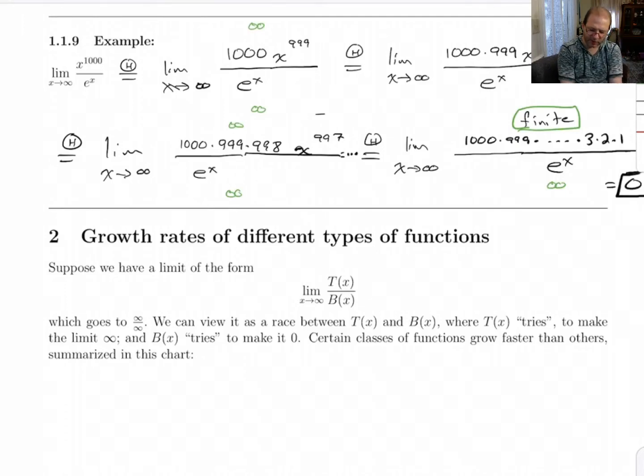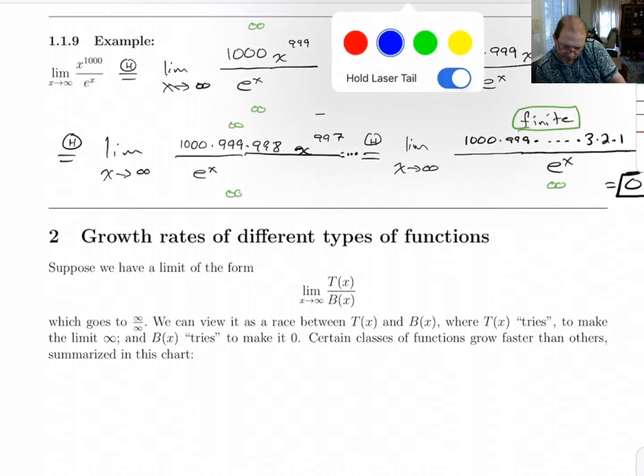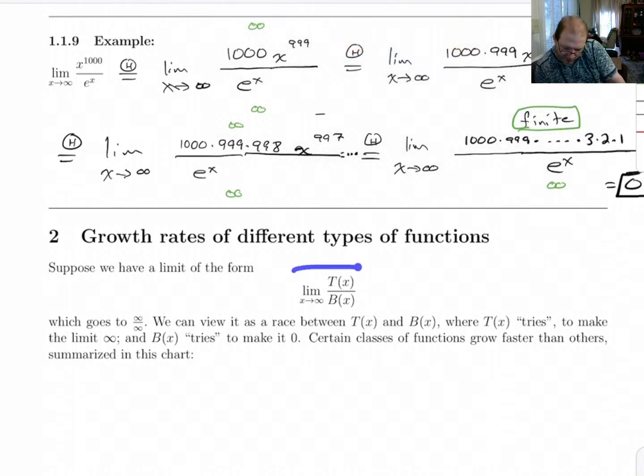All right, let's look at the second part of this, growth rates of different types of functions. What this says is if you have a limit of this form, where x is going to infinity and the top and bottom are also both going to infinity, you can view it as a race between the top and bottom.